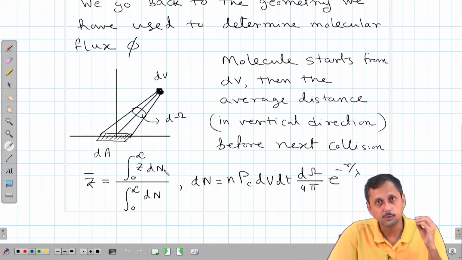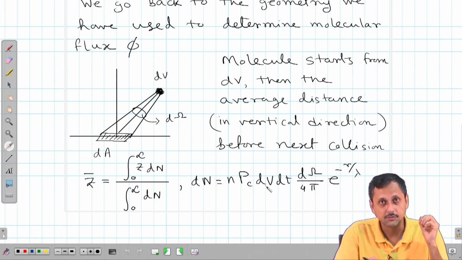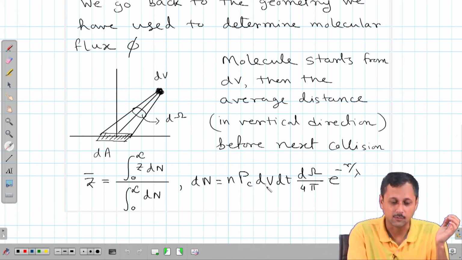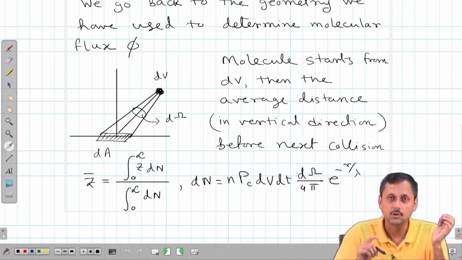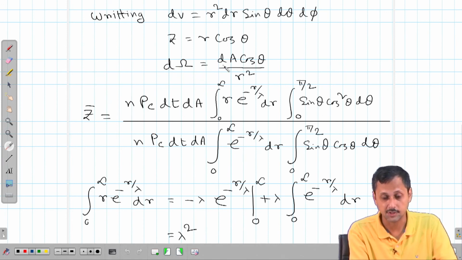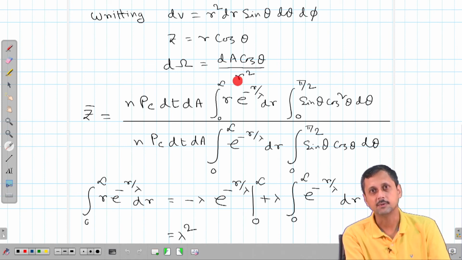In order to compute this integration, we have to write dV in terms of the elemental volume in a 3-dimensional spherical polar coordinate system, which is r squared dr sin theta d theta d phi, and we write z is equal to r cos theta. And of course, d omega, I forgot, has to be written as dA cos theta divided by r square.